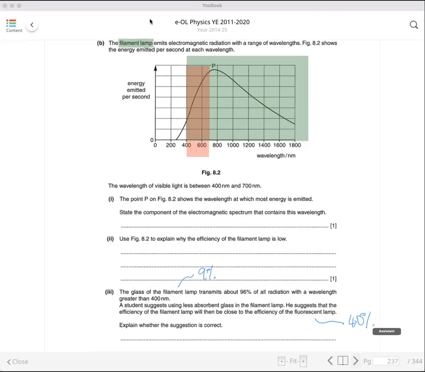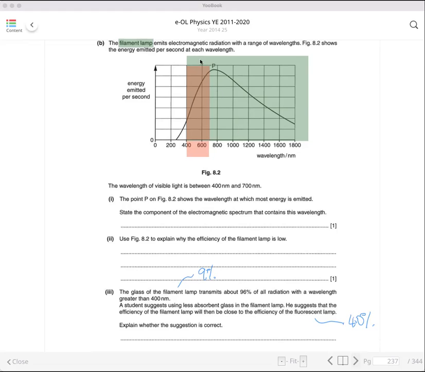So the student suggests using a less absorbent glass in the filament lamp. Then he suggests that the efficiency of the filament lamp will be close to the efficiency of the fluorescent lamp. So explain whether the suggestion will be correct. Can you see why the efficiency is low?